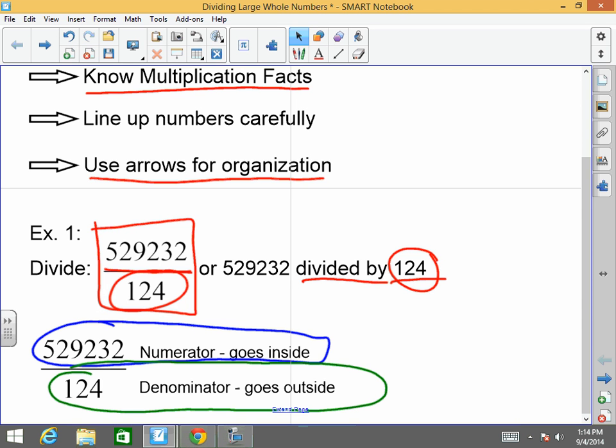It does not matter whether or not the numerator is larger than the denominator or the denominator is larger than the numerator. The denominator always goes on the outside, and the numerator always goes on the inside. Okay? Does that make sense, gentlemen? Okay.